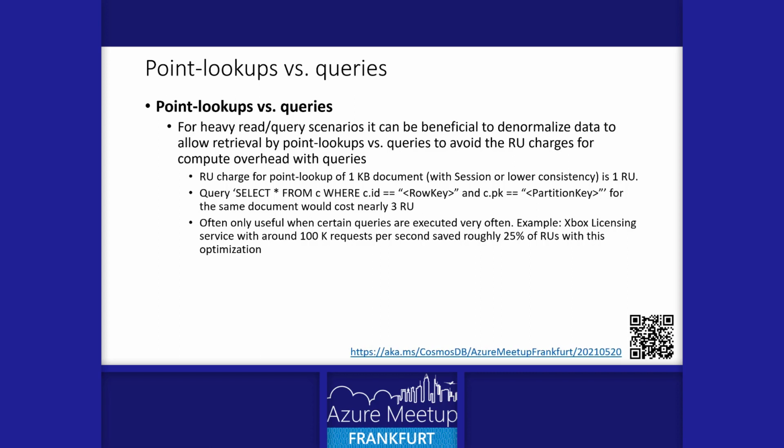By changing the data model pretty slightly, and I'm going through in the slide deck what we did, we were able to, instead of that being a query, make it a point lookup. That and some other optimizations helped us reduce the cost to less than 30% of what it was initially.